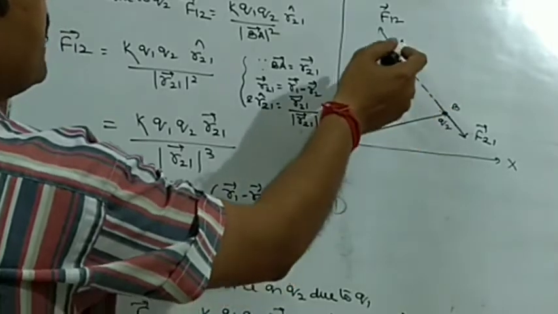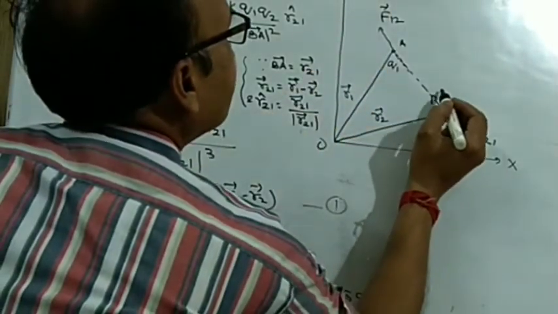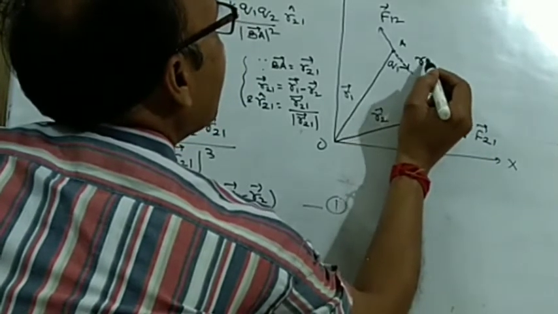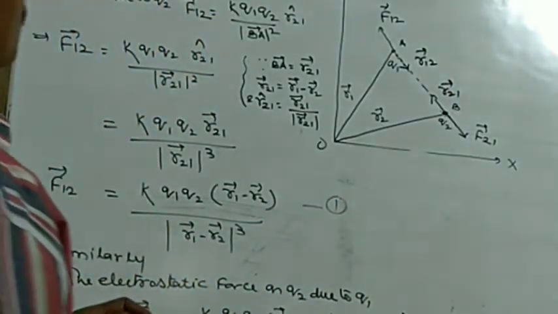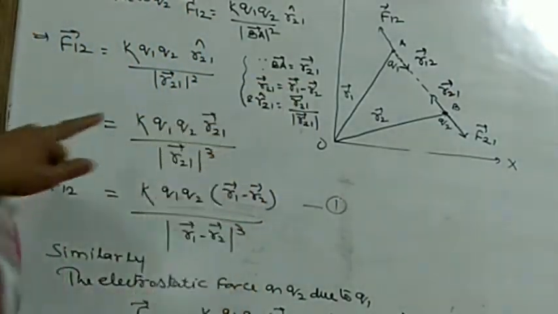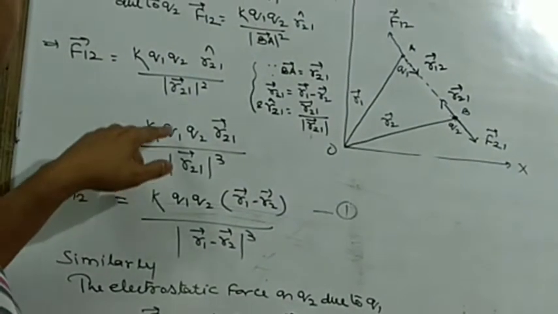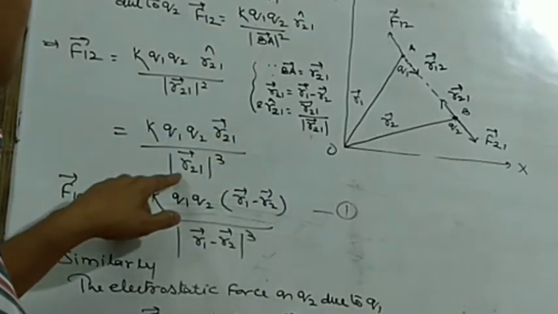You can represent it like this. This is vector R21, or this is vector R12. So you put the value, and we can write F12 equals K Q1 Q2 into vector R21 upon the whole cube of the magnitude of vector R21.